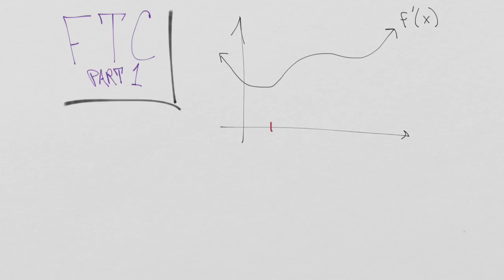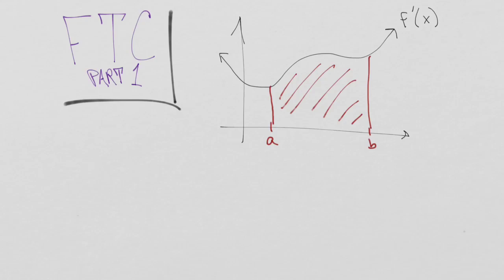And as you might be able to guess, I want to compute the area underneath the curve from A to B. But remember, this time we aren't looking at f of x, we're looking at the derivative, which is really no big deal. I can treat it just like an actual graph, an original function f of x.